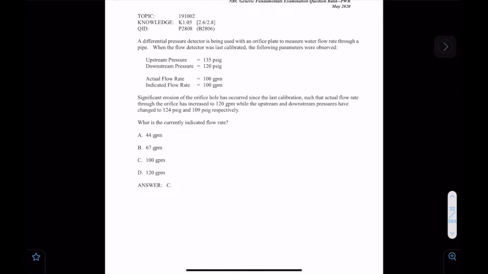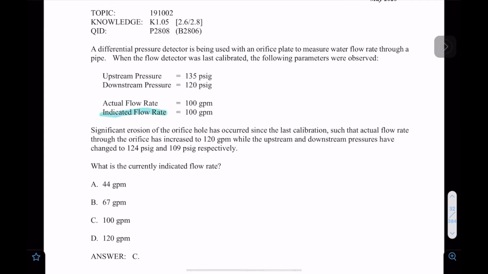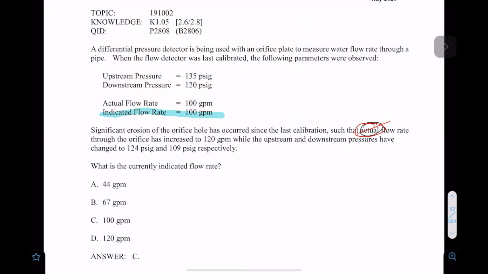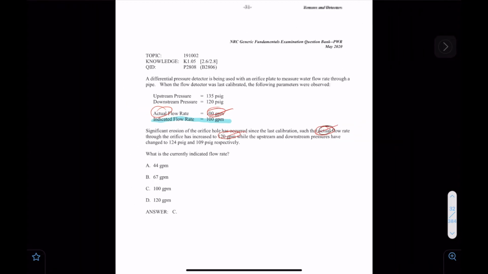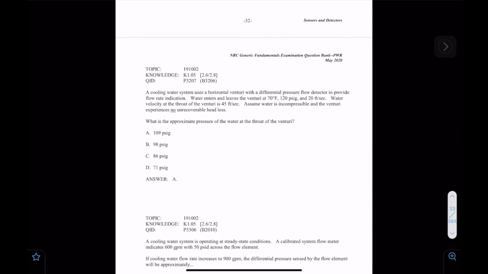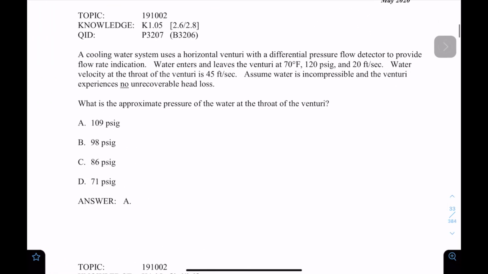We need to make sure that we select the indicated flow rate, because the actual flow rate is what they're giving us, and we don't want that one. Okay, so we have this one. This is the last one that we will review, and this one is related to Bernoulli's.